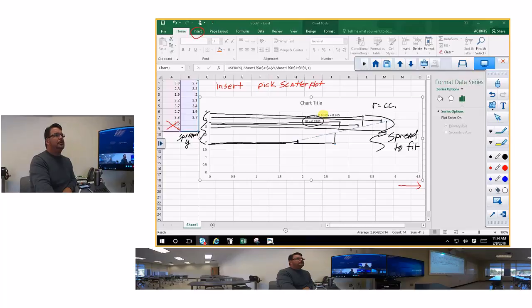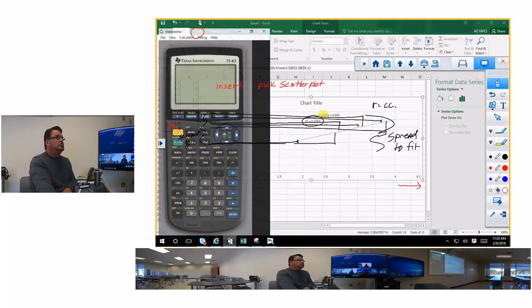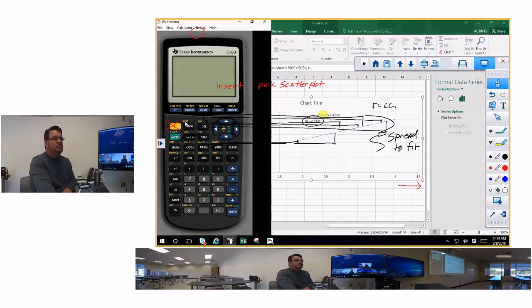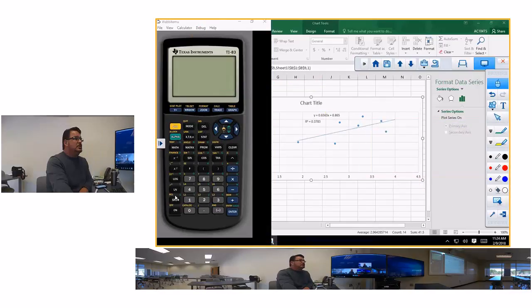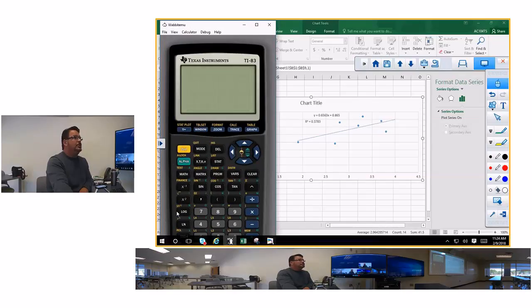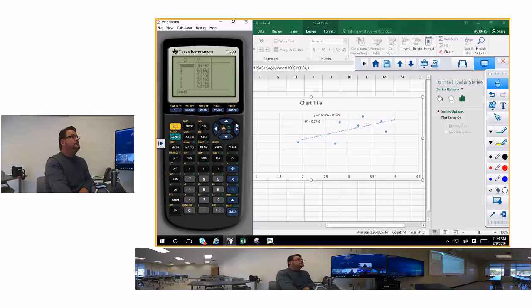If you go to the calculator, and here's the calculator. Let me erase the board so you can see it better. And hit on. I've already put these in stat plot.